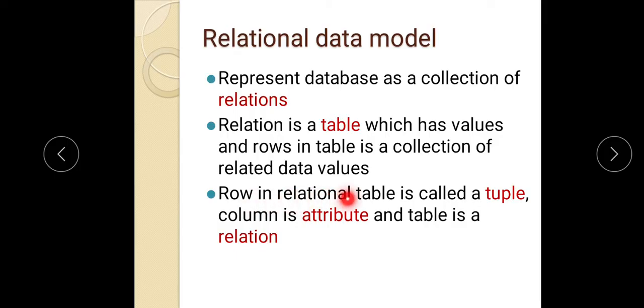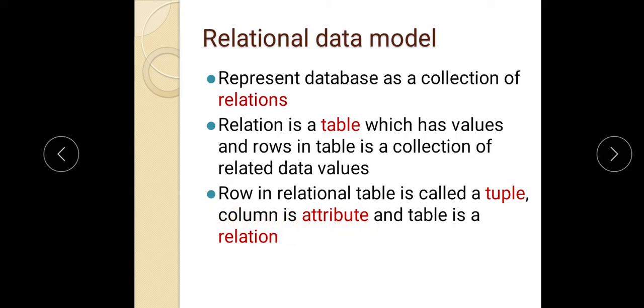A row in a table is given a specific name. What is that? Tuple, or tuple. In both ways we can pronounce it. So in a relational table, this row is called a tuple.